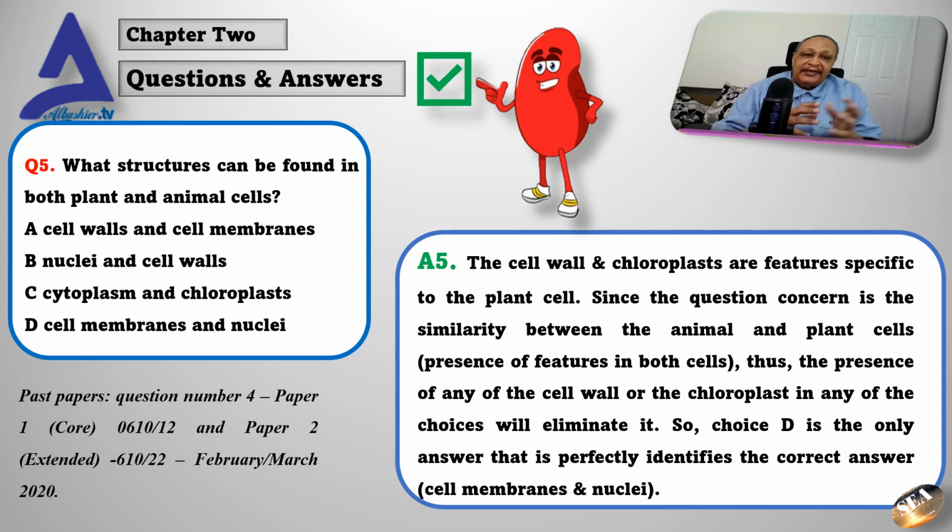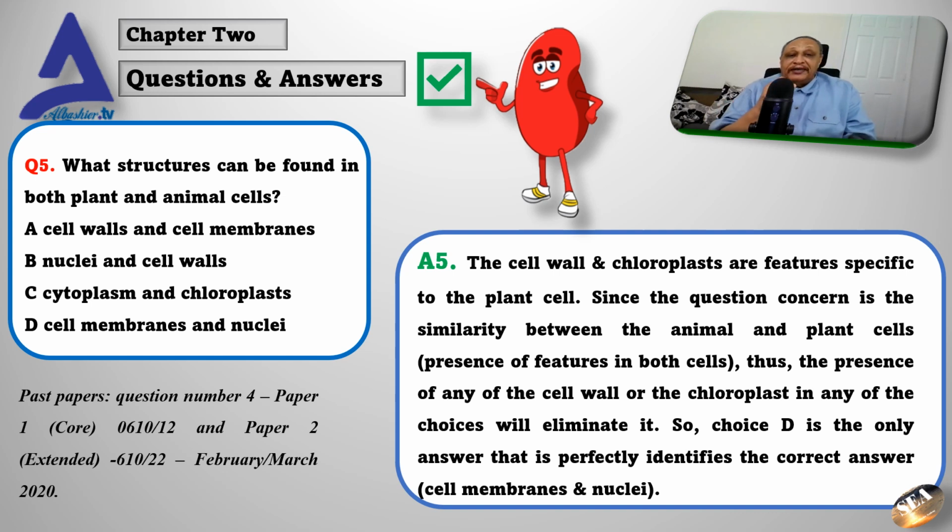This question came in a past paper, question number 4, paper 1 core, and also paper 2 extended in February, March 2020. So be careful, all of these have been seen before.